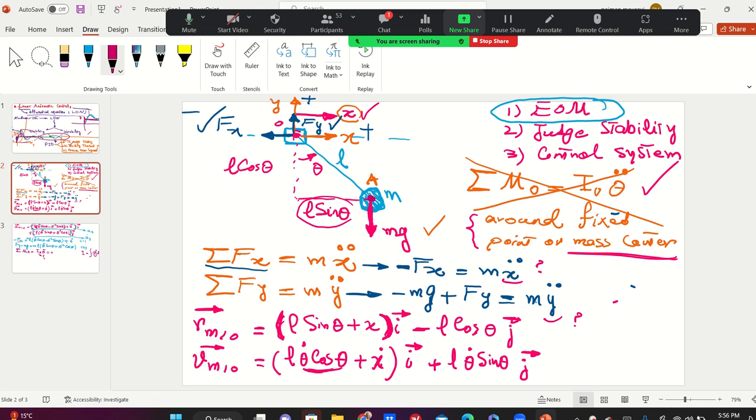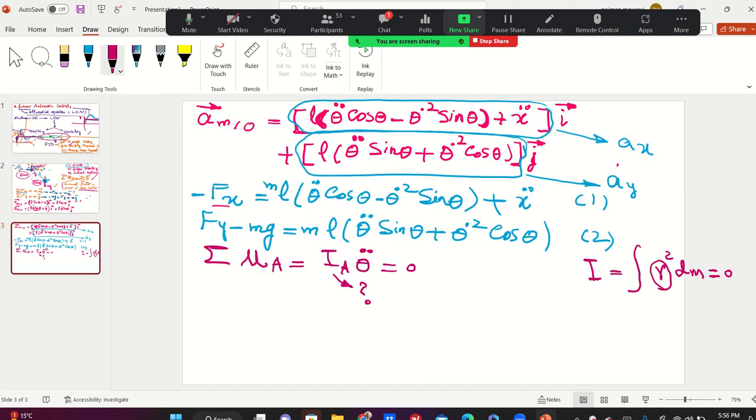So only fx and fy generate moment around point A. From statics and dynamics, moment is force times the normal distance. Here is 90 degrees. So the moment of fx is fx times the normal distance to point A, which is L cosine theta. So you're going to have fx L cosine theta.